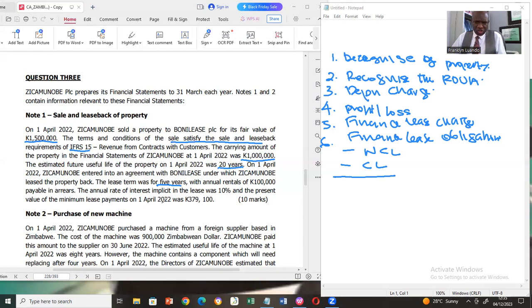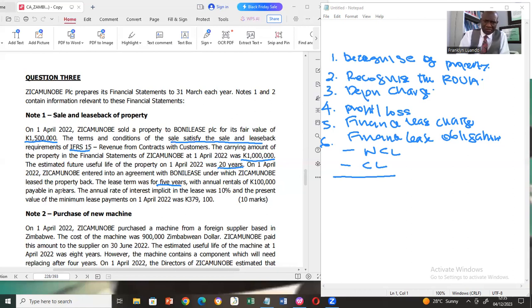Annual rentals are 100,000 kwacha payable in arrears, the annual rate of interest implicit in the lease was 10%, and the present value of the minimum lease payments on 1 April 2022 was 379,000 kwacha.